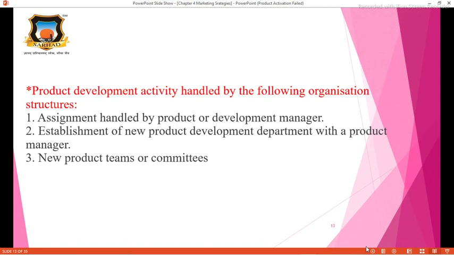However, the present workload may not give the existing staff sufficient time for thinking and planning for new product development, or they may not have sufficient knowledge, information and know-how about the new work.